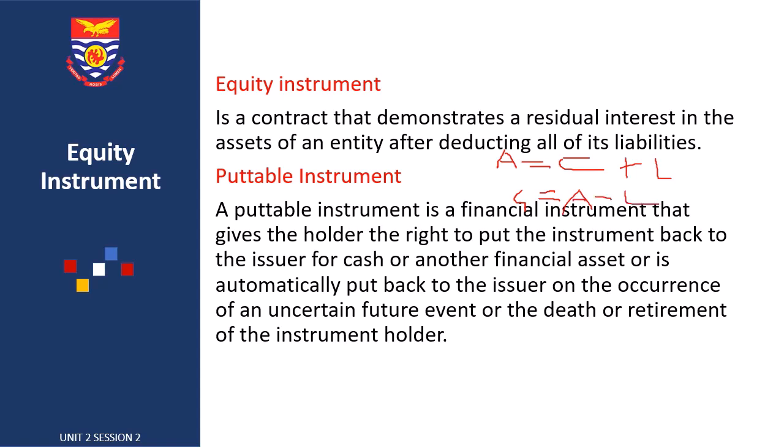And this is what we are referring to as the residual interest at the end of the day. So this residual interest is the equity we are referring to. So your capital is equal to asset minus liability.